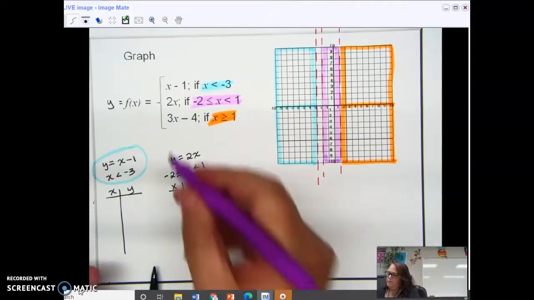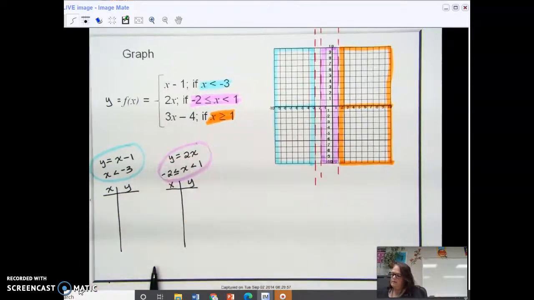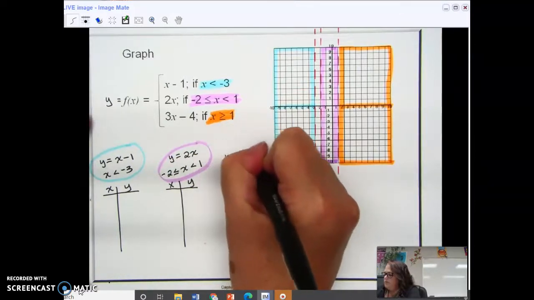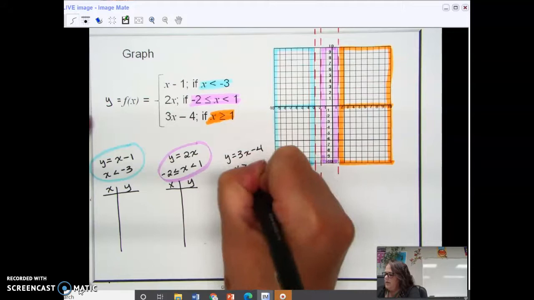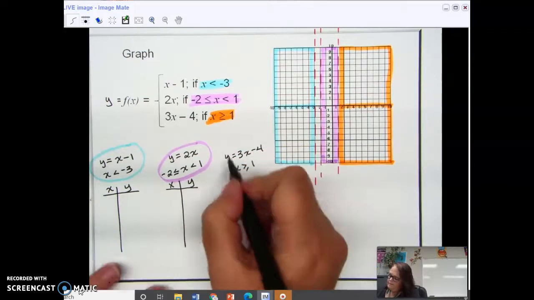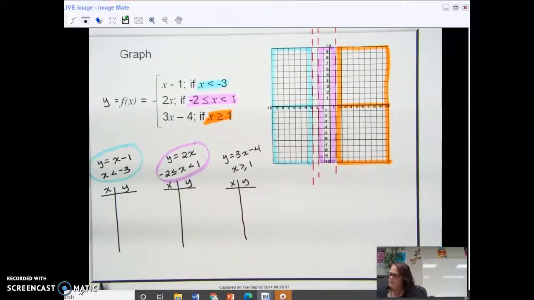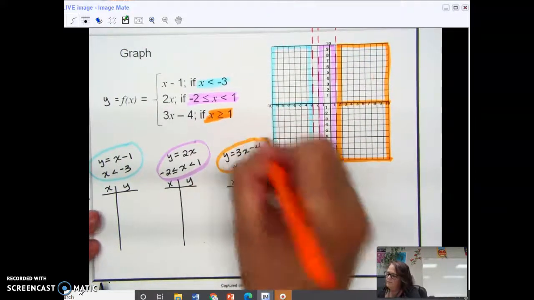And that's going to be part of my purple domain. And then I've got y is equal to 3x minus 4 as long as x is greater than or equal to 1. And this is going to be part of my orange domain.